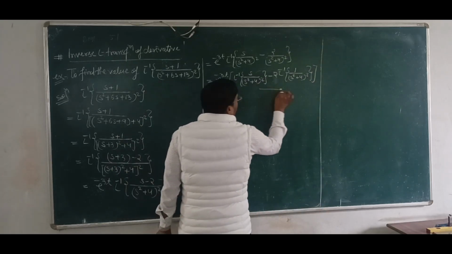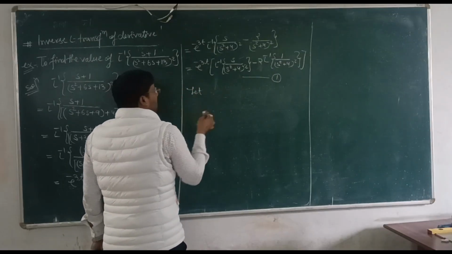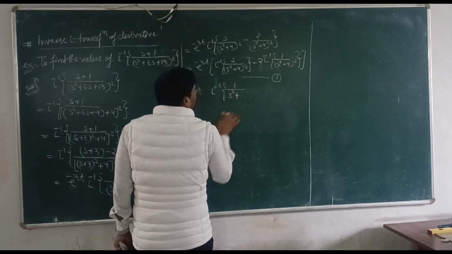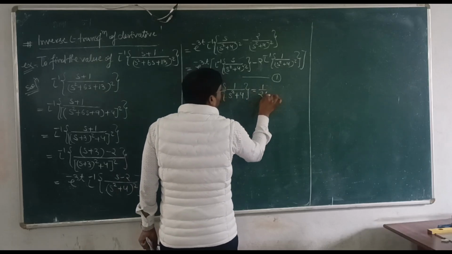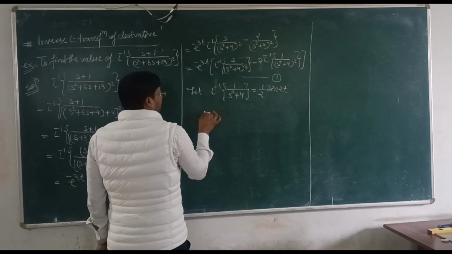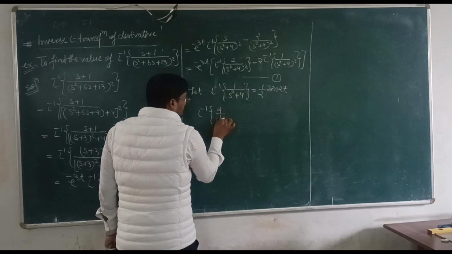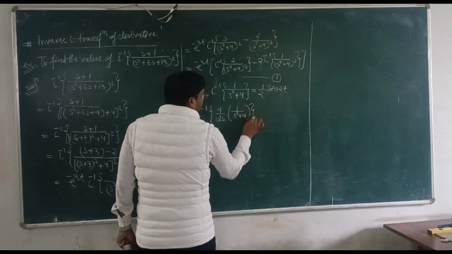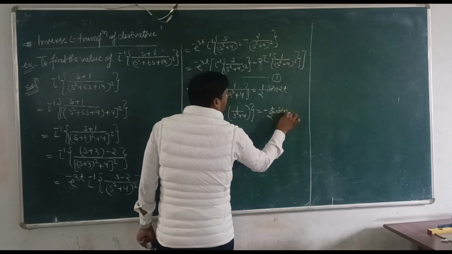Now this is equation first. Let inverse Laplace of 1 upon s square plus 4 is equal to 1 upon 2 sin 2t. Now differentiate with respect to s. L inverse of d upon ds of 1 upon s square plus 4 is equal to minus t upon 2 sin 2t.